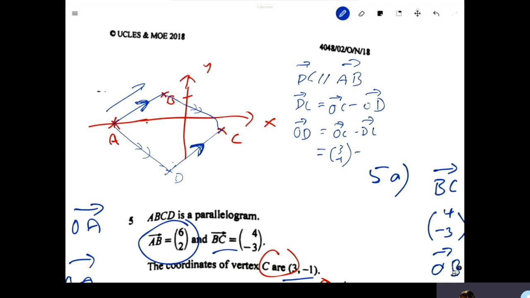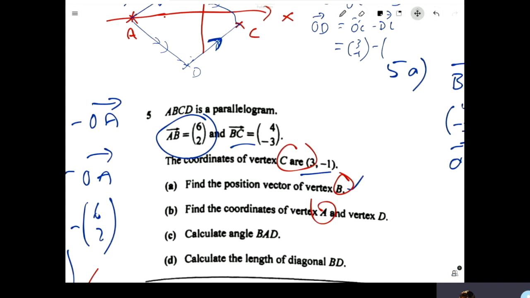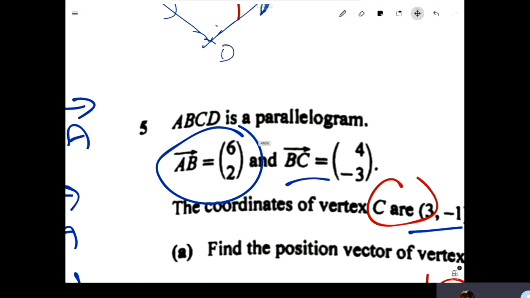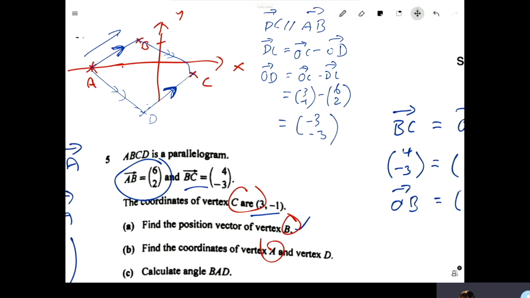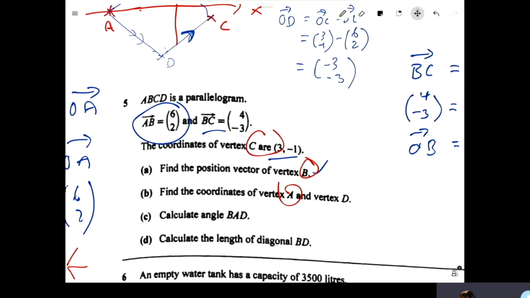It's the same as AB. And AB, just now we found that AB is (6, 2). So you evaluate that, you get (-3, -3). So that's our D. Okay? Right, so this one also settled.